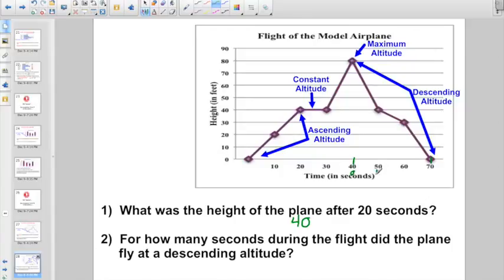And now this would be 10 seconds. Over here would be 20 more seconds. Finally, how many seconds did it fly in a descending altitude? Looks to me like it spent 30 seconds descending, going down.